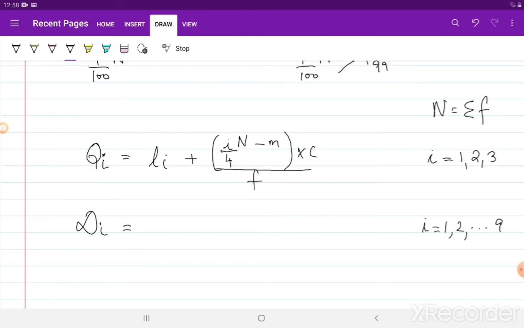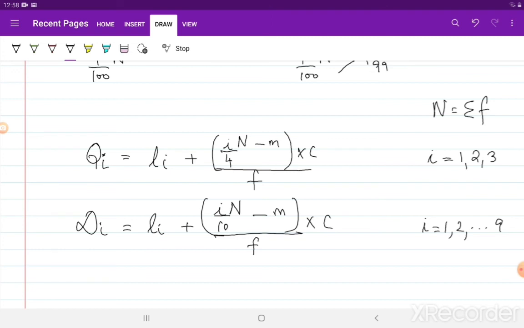So Di can be written as Li plus I by 10 times n minus m divided by frequency f into c.